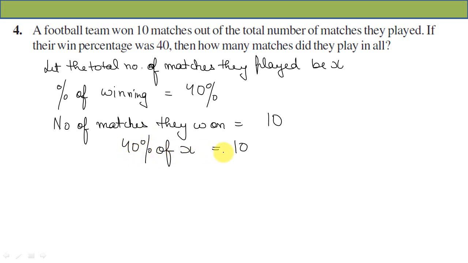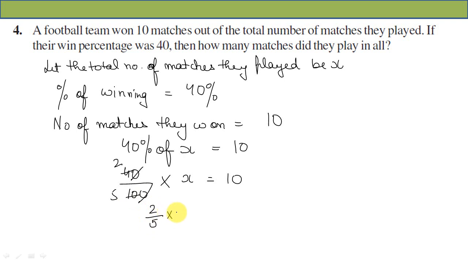So now this percentage sign will get converted upon 100, of into, and it will be 40 upon 100 into x is equal to 10. Now this 0 cancels, 2 2s are 2, 2 5s are 10. So what we are left with here, 2 by 5 into x is equal to 10.